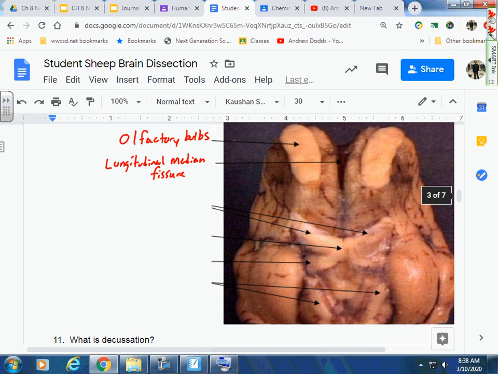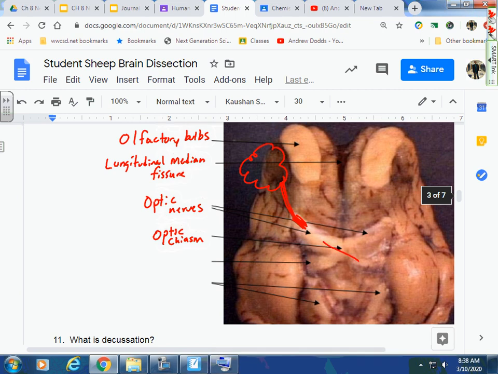Next up is the optic nerves. So those are coming back. We had that big fat optic bulb up here, and then there were nerves running down. So this is the end of it here. And then the point where the visual information crosses over is the optic chiasm.